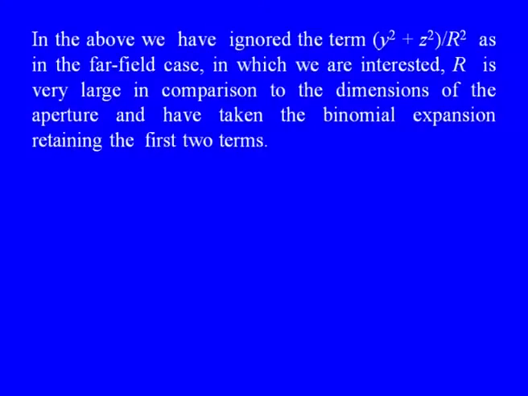Now, in the above, as I pointed out earlier, we have ignored the term y square plus z square upon R square, as in the far field case in which we are interested, R is very large in comparison to the dimensions of the aperture, and have taken the binomial expansion retaining only the first two terms.